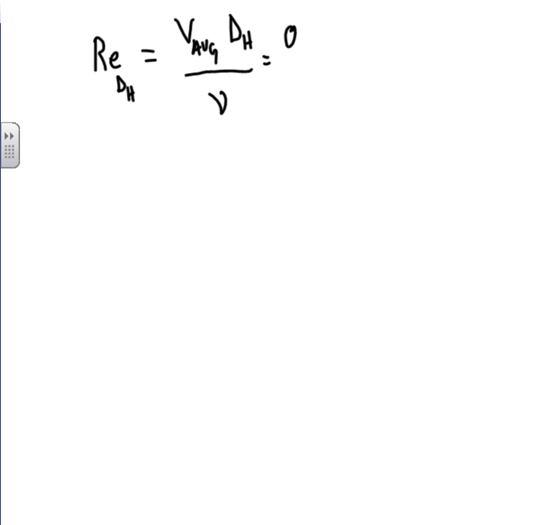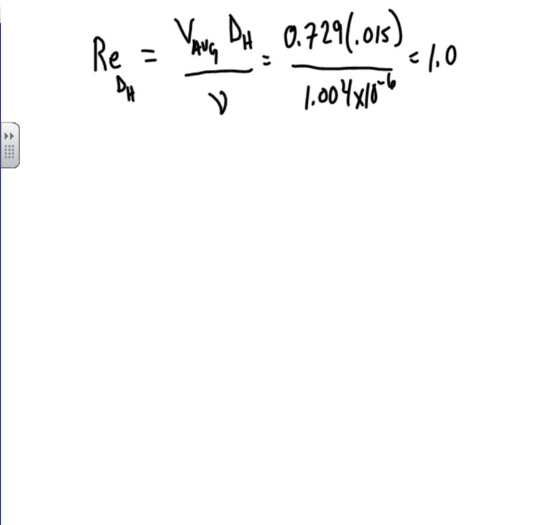So this is equal to 0.729 times 0.015 divided by 1.004 times 10 to the minus 6. Solve that, and we find that our Reynolds number is equal to 1.089 times 10 to the 4, and this is much, much greater than 4,000, meaning we have turbulent flow.